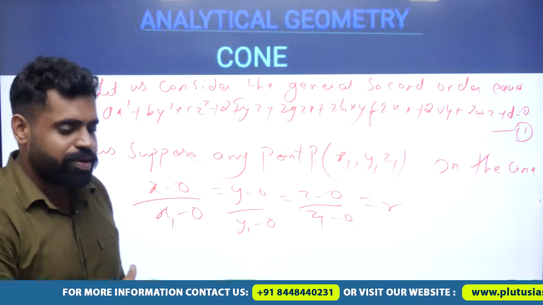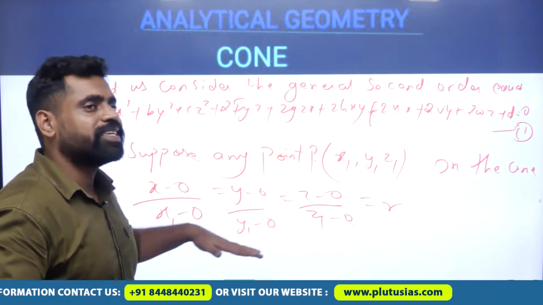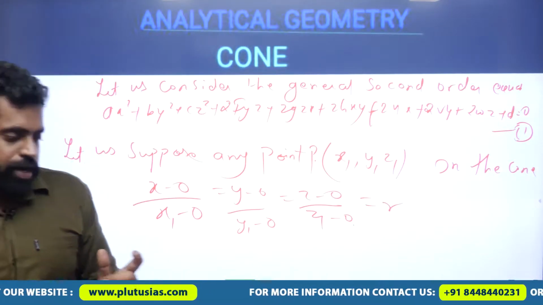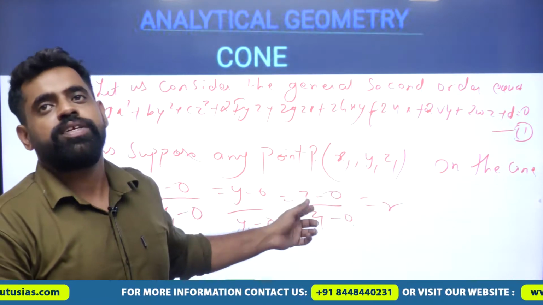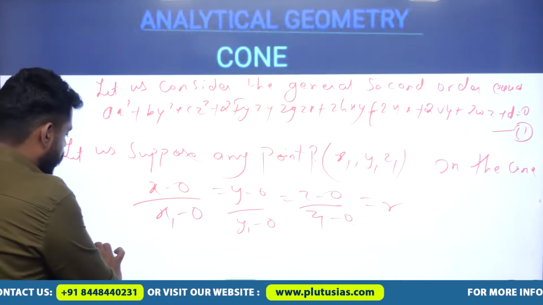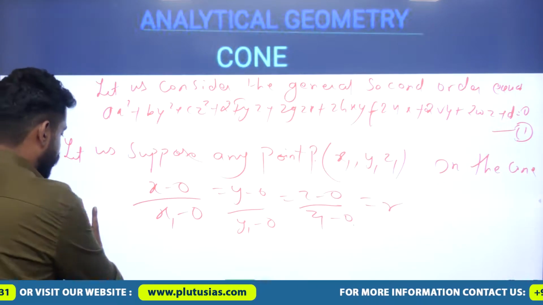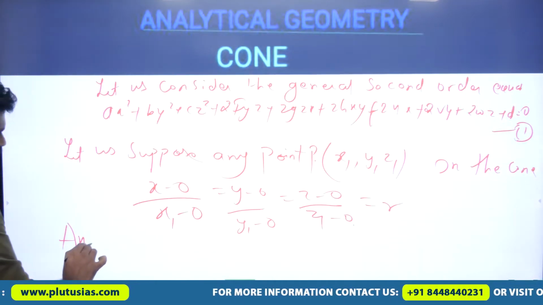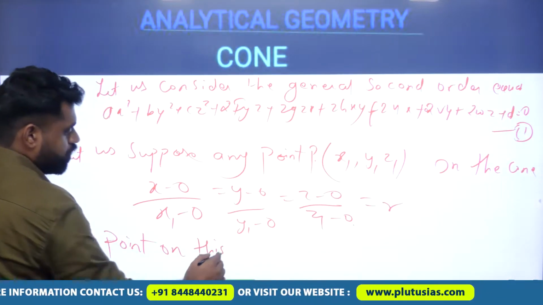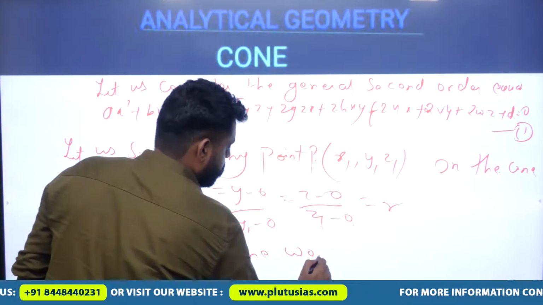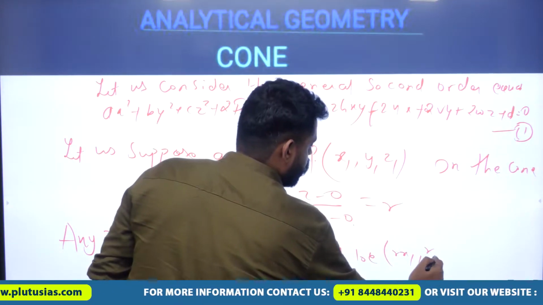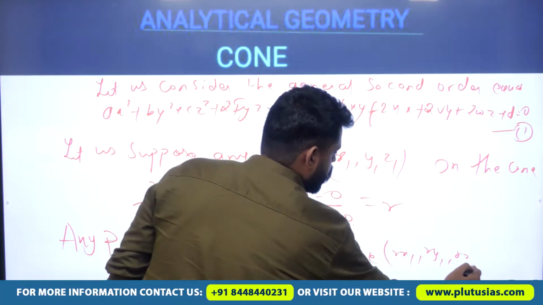I have told you in my previous lectures that if this is the direction cosine, not the direction ratio, please mind this. Some people confuse this with the direction ratio and then say that the distance is this. So for now, if you say this is r, then any point on this line would be rx1, ry1, rz1.